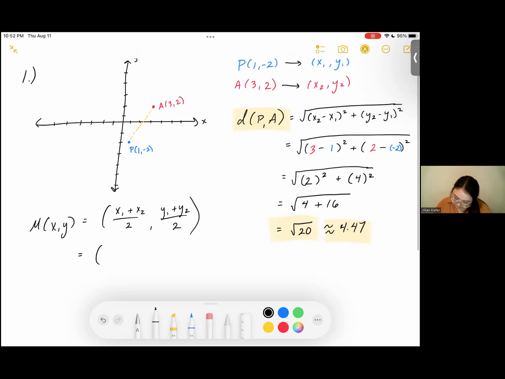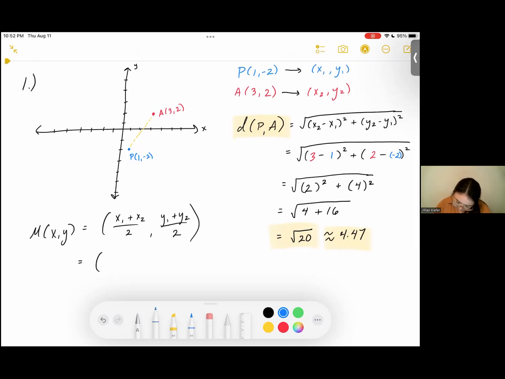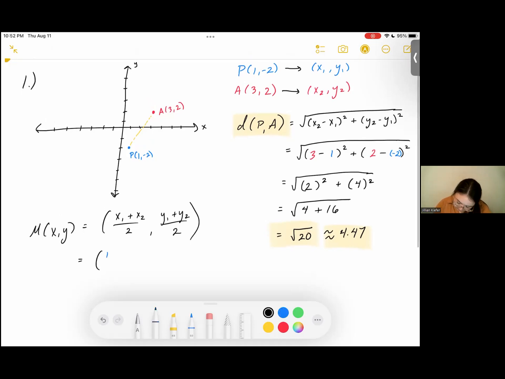We said x sub 1 was 1, x sub 2 was 3. So we have 1 plus 3 divided by 2. And then we have y sub 1, which was negative 2, plus y sub 2, which was positive 2. And this is all divided by 2.